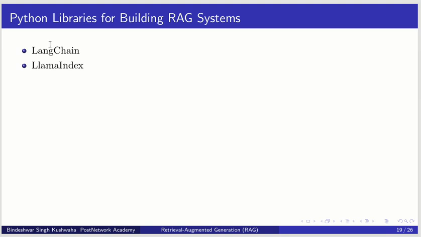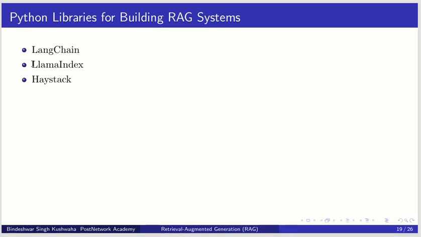Now Python libraries are very important. LangChain is for RAG, as well as another variant, LangGraph, for agentic AI. LlamaIndex provides a platform where you can access data and inject it into the LLM. That is LlamaIndex.